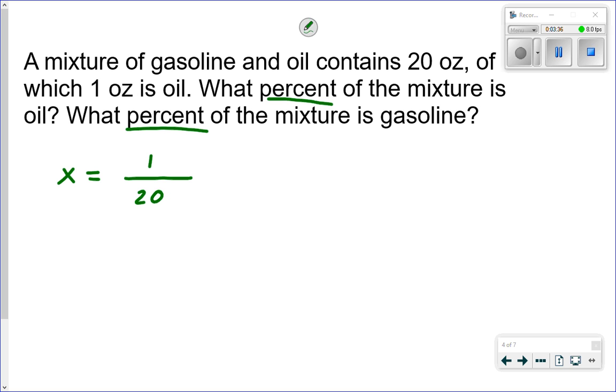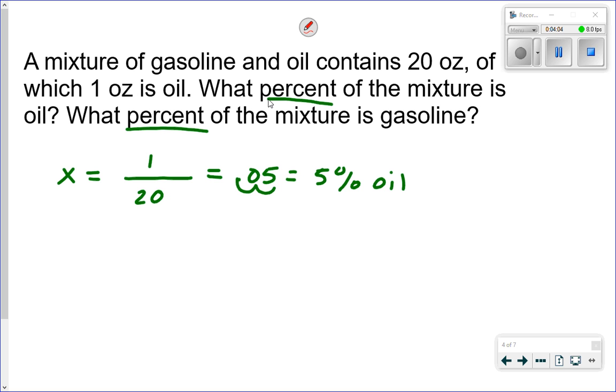When we're dealing with percents and things like that, we need to convert them to a decimal and then to a percentage. So 1 over 20, you would put that in your calculator. It gives you 0.05. And it's asking for a percent, so I need to convert that to a percent. So I'm going to move my decimal point 2 spots. And that means 5% of the mixture is oil. And then I need to make sure that I label my answer.